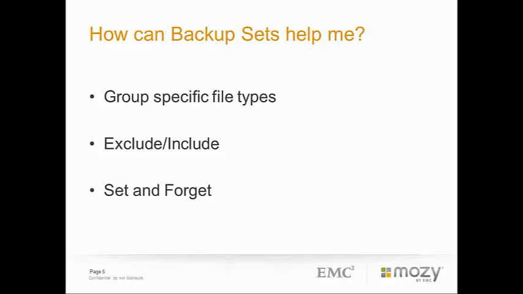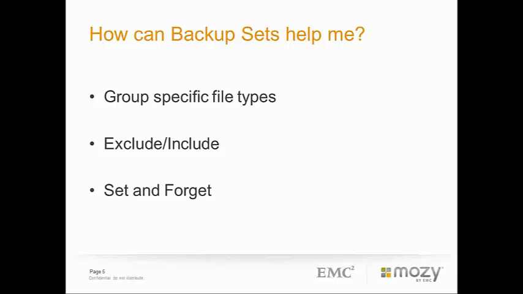I don't know, maybe you work in a law office, and in that law office you use a specific software, and there's specific files that software outputs that you want to back up. Then you can create a backup set that will search your entire machine for this particular file type, and it'll back them up. You can exclude files and include files in your backup sets, so you can create exclusionary backup sets.